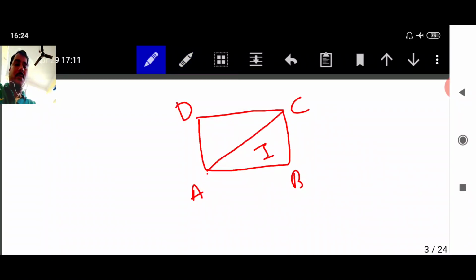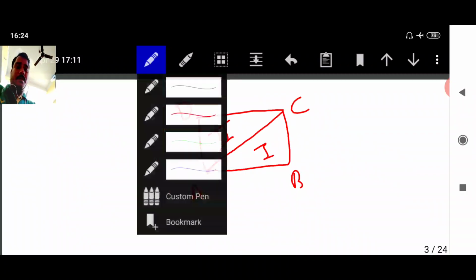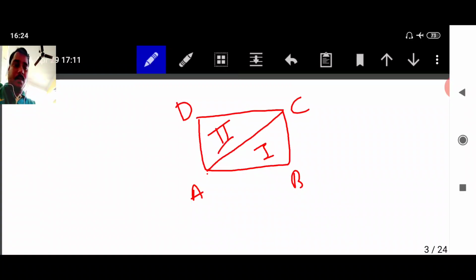How many triangles? Two triangles, that are ABC, this triangle, and the second one ADC.